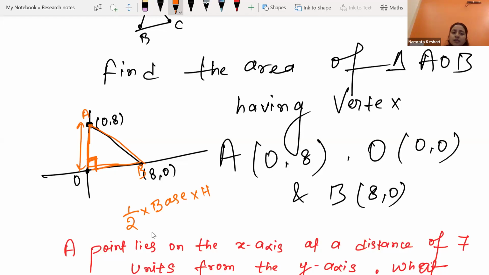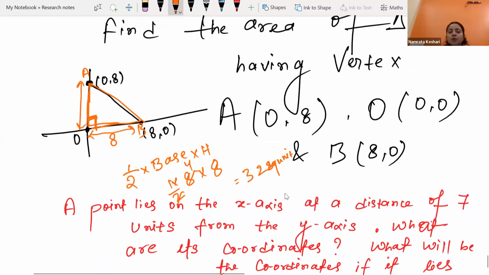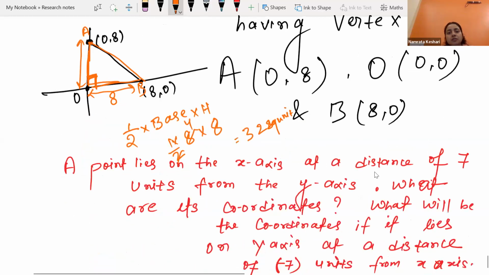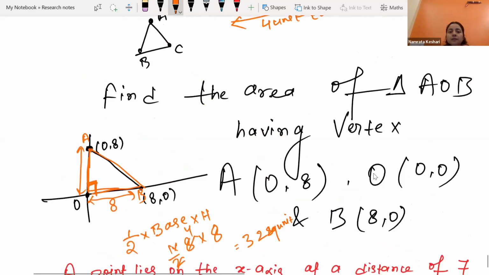AO is the height, and we can see the height is just 8, right? Yes, ma'am. Height is 8. Base is again 8. 1 by 2 into 8 into 8, that is 32. Ma'am, 32 units. Okay, 32 square units, right? Because we have found area, so square units. Got it, everyone? Yes, ma'am.